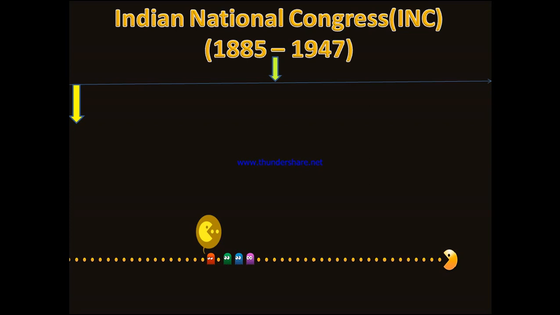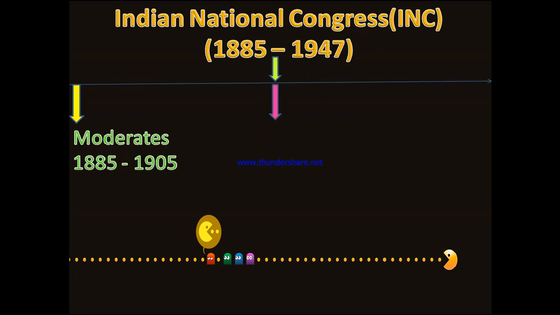Then, after the establishment of the Indian National Congress, from 1885 to 1947, it was under the control of three different leaderships. So basically, we can divide the Indian national movement from 1885 to 1947 into three different periods.